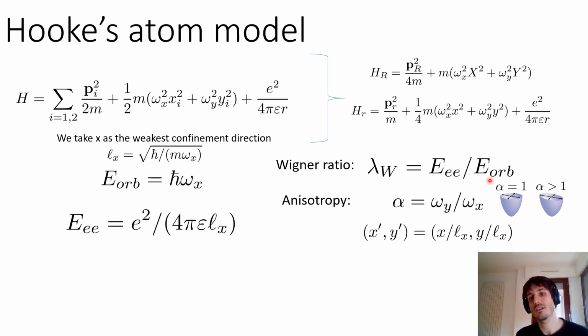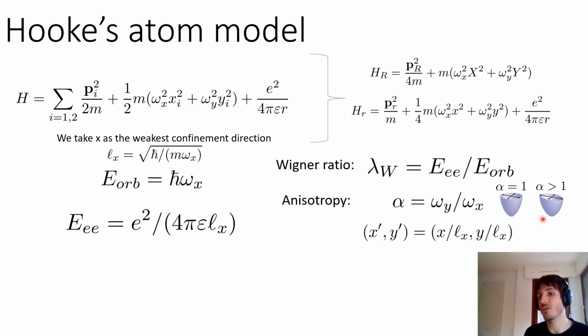So, the larger this lambda W, the larger your dot, the larger your Coulomb interactions. The smaller it is, the smaller the dot, and the smaller the Coulomb interactions. And we also have the anisotropy associated to alpha, which is basically, if alpha is equal to 1, we are in the isotropic case.